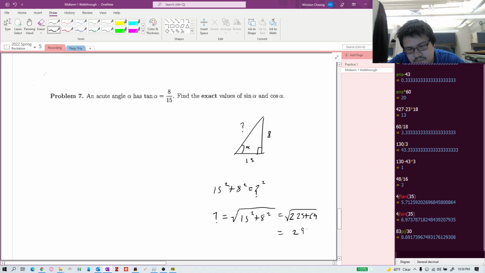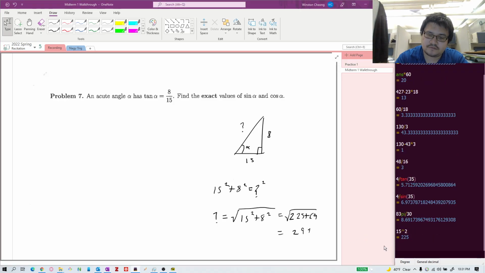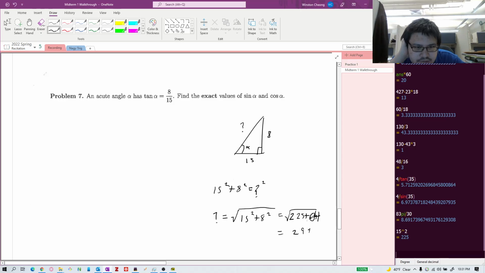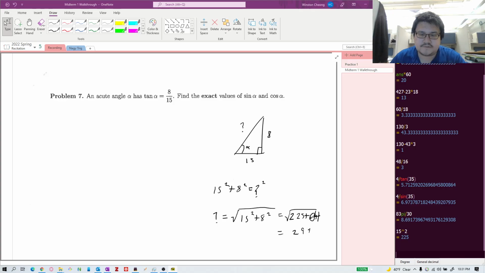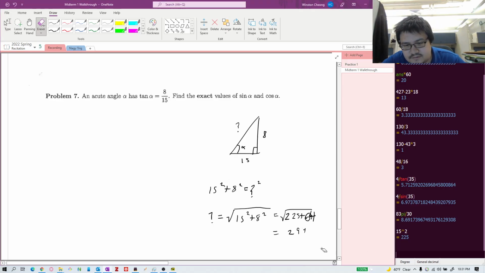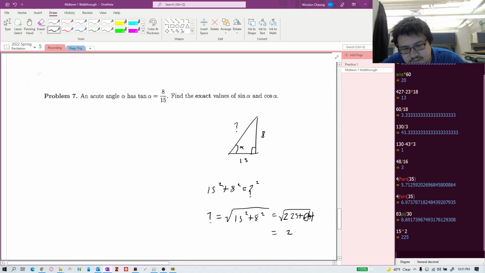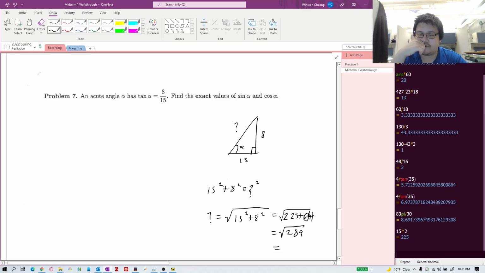That gives 289. Now I can see this is a perfect square.